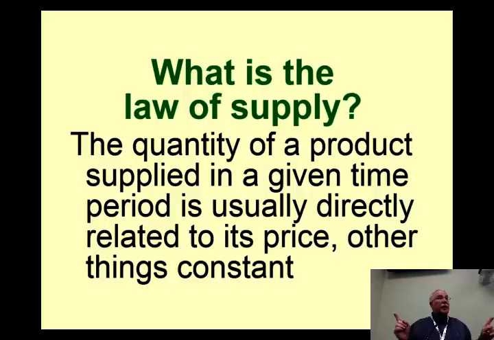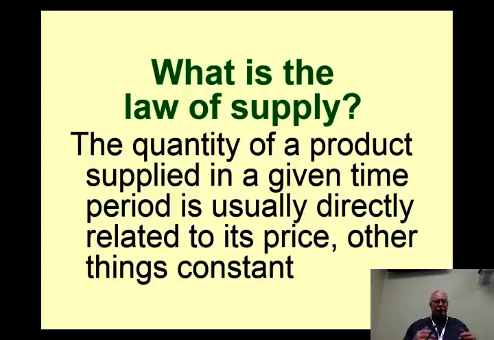So how do we know for sure, beyond a shadow of a doubt, that if the producer raises price, the producer will make more money? We know that because we have assumed that nothing else changes.